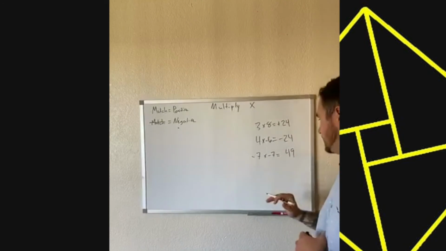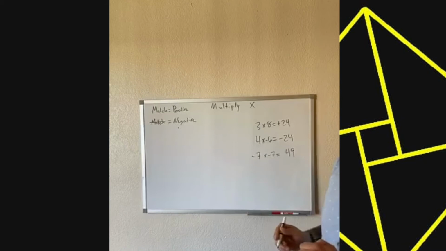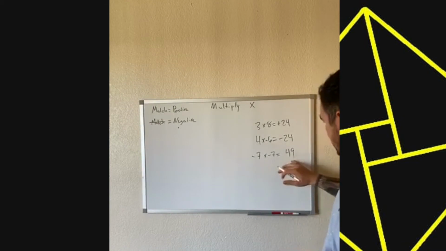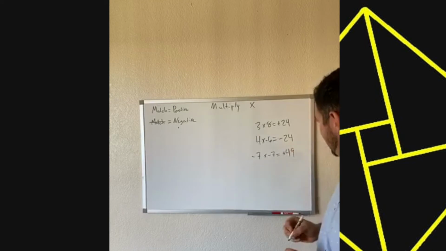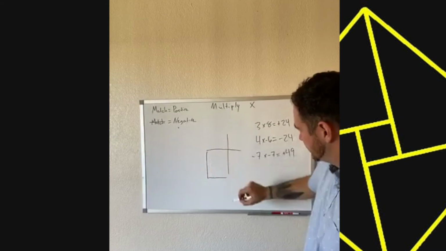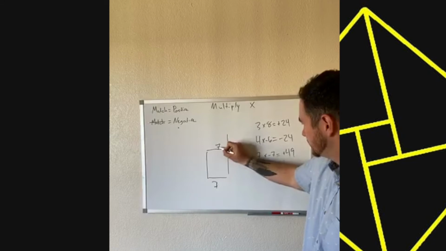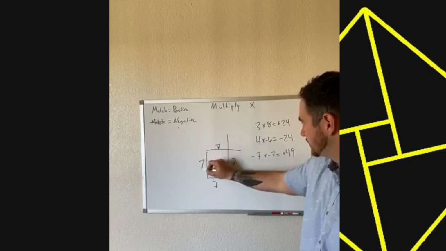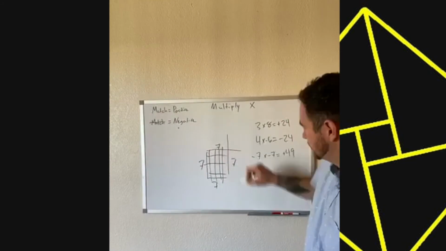But the interesting thing here is, are these both negative? How do 2 negative signs result in a positive 49? Well, for now we're just going to say they just do. If I were to draw it out, you would see that we would use this quadrant, and it would be 7 across, and 7 across, and all these little squares in here would create 49 squares.